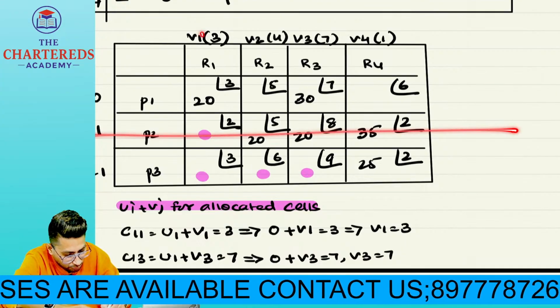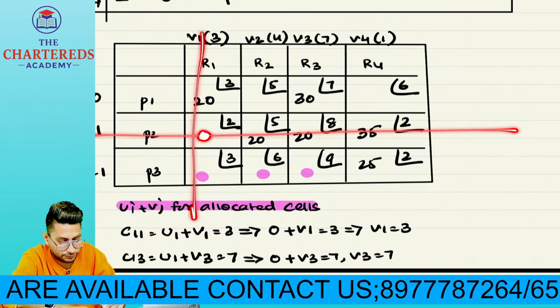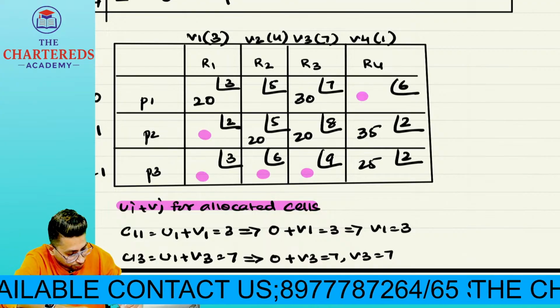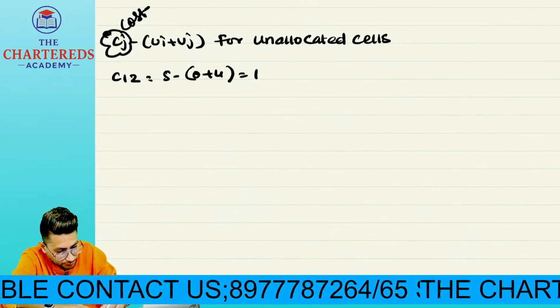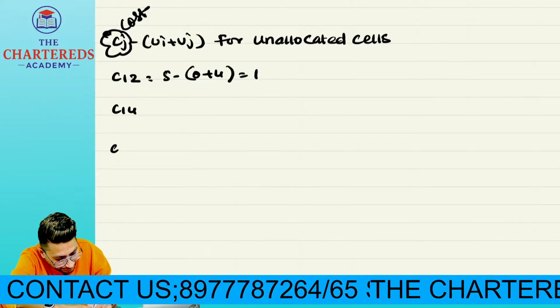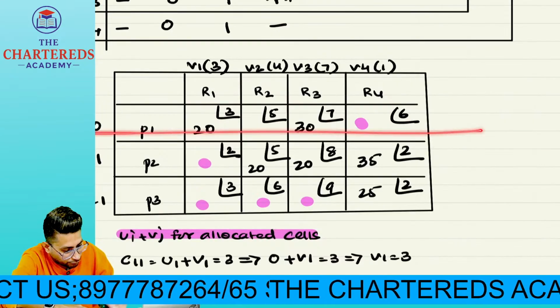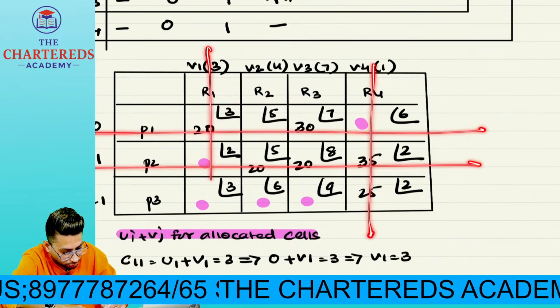Next, what is the next unallocated cell? First row, fourth column, C14, and second row, first column, C21.